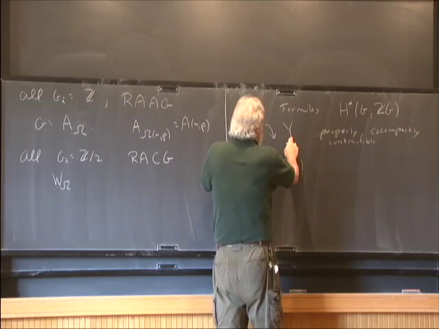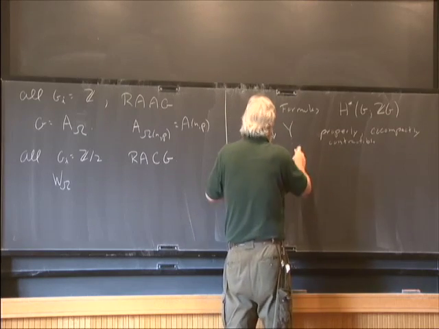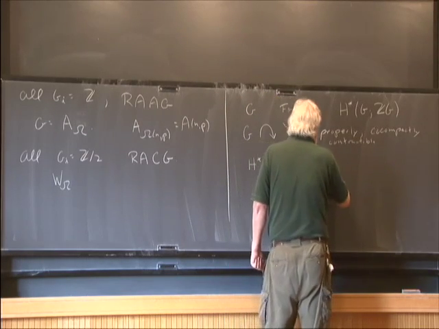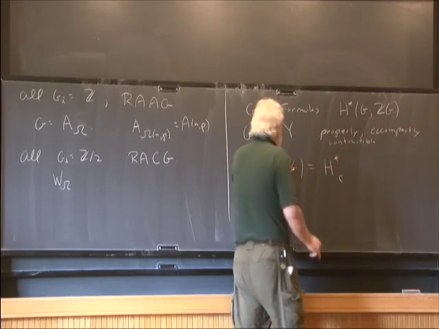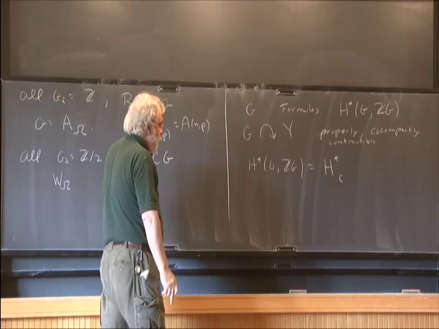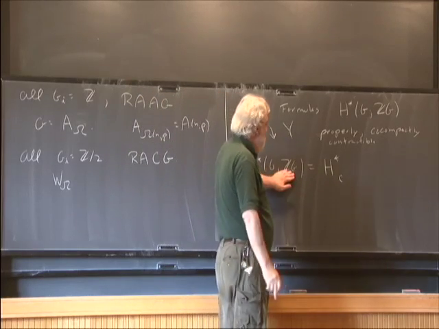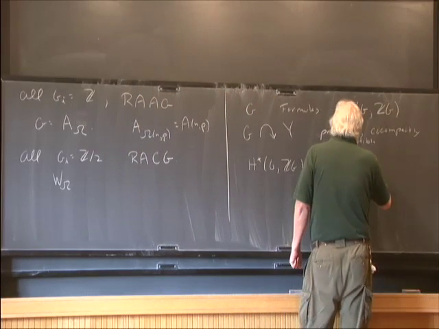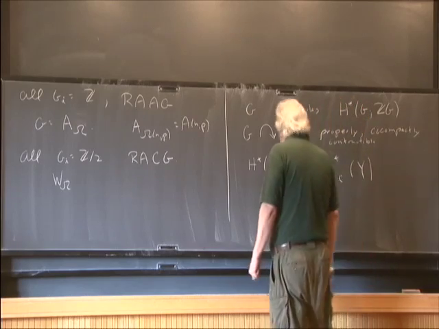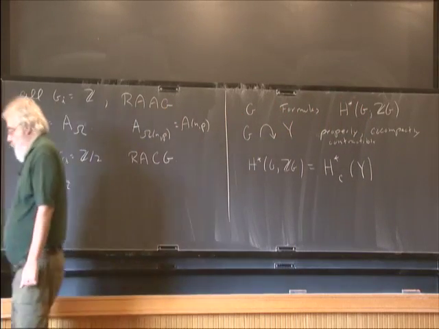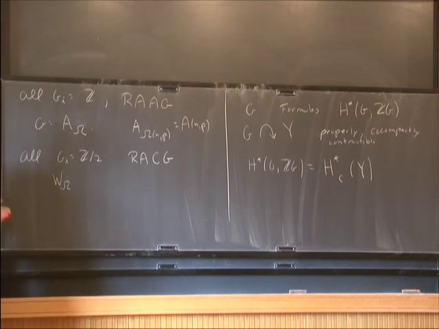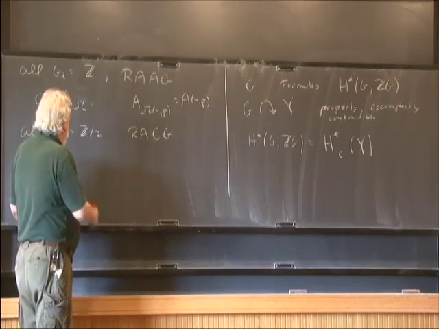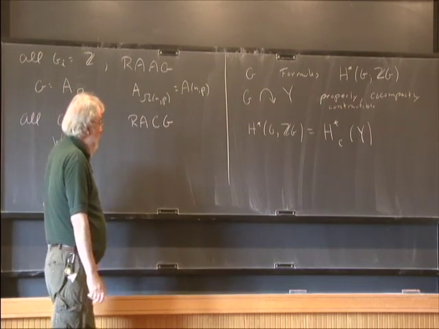You think of this as the universal cover of a K(pi,1) or something. It's the compactly supported cohomology. The key is that these ZGs just mean finite linear combinations of elements in G, and that translates into this just being the compactly supported cohomology of this contractible space on which G acts with, say, finite stabilizers. That's how these calculations are done.